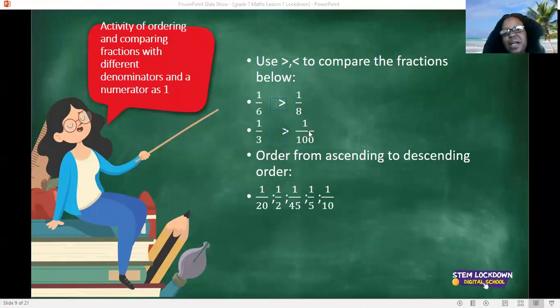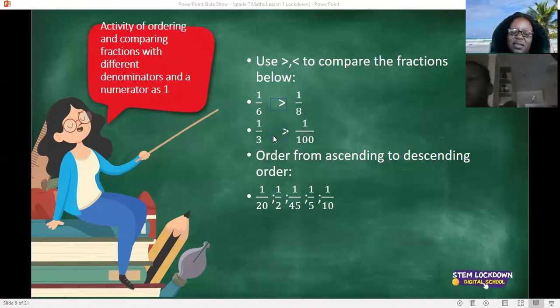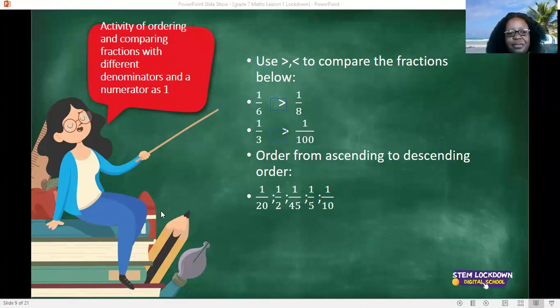So yes, you are right if you thought it: 1 over 100 is smaller than 1 over 3. So now remember, if you are given fractions that have a numerator of 1 but different denominators, the smaller the denominator, the bigger the fraction.